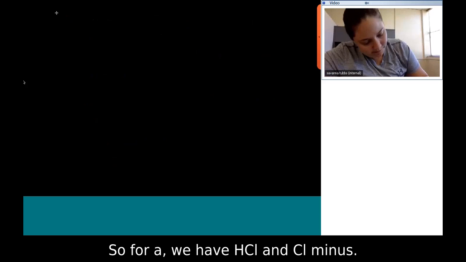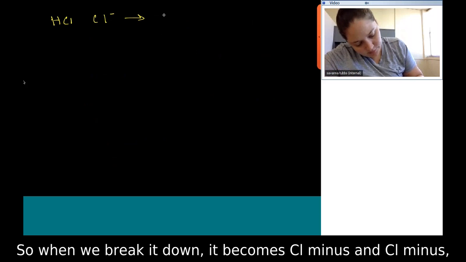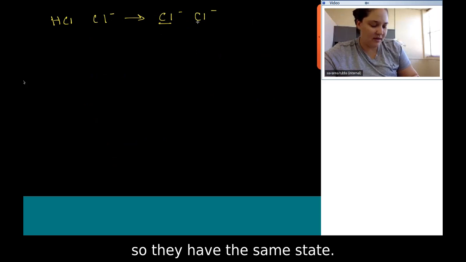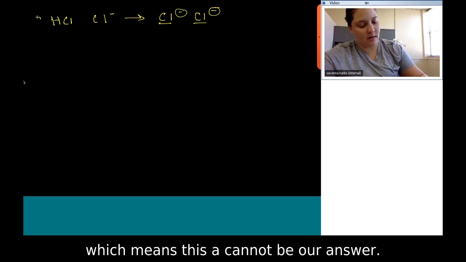For A, we have HCl and Cl minus. When we break it down, it becomes Cl minus and Cl minus. So they have the same state. However, the oxidation state or the charge should be different, which means this A cannot be our answer.